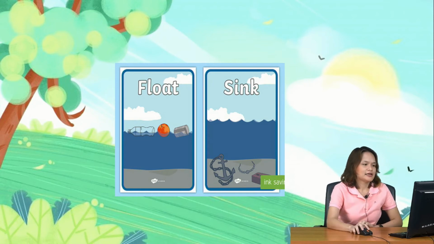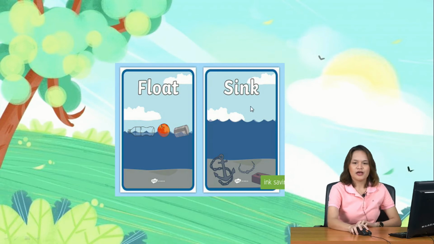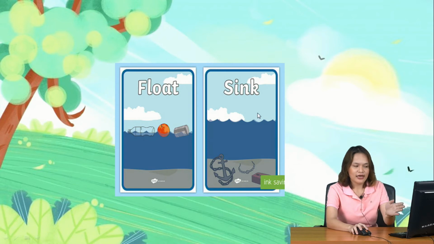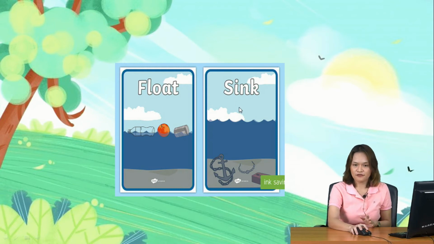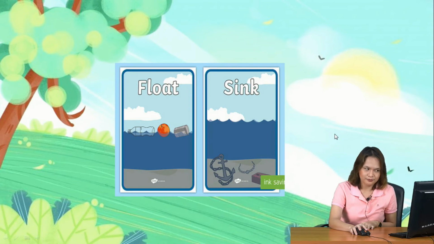So the difference between the two is, in float, the object is up, and in sink, the object goes down.